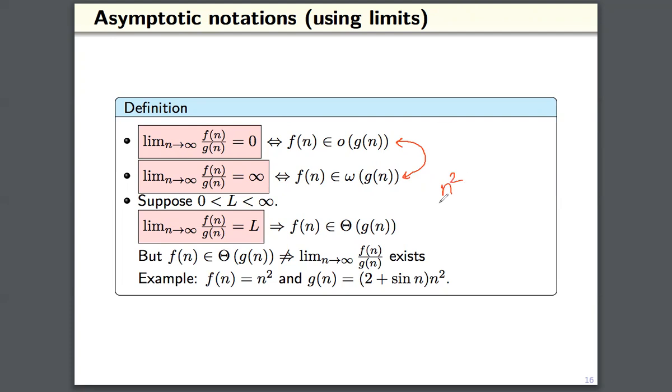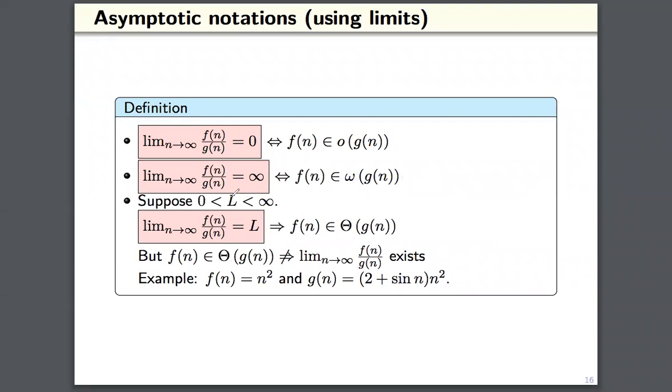Suppose you write n squared by n, limit n tending to infinity. What do you get? The limit is equal to infinity. Therefore, n squared is omega of n. That means strictly greater than, asymptotically greater than n.